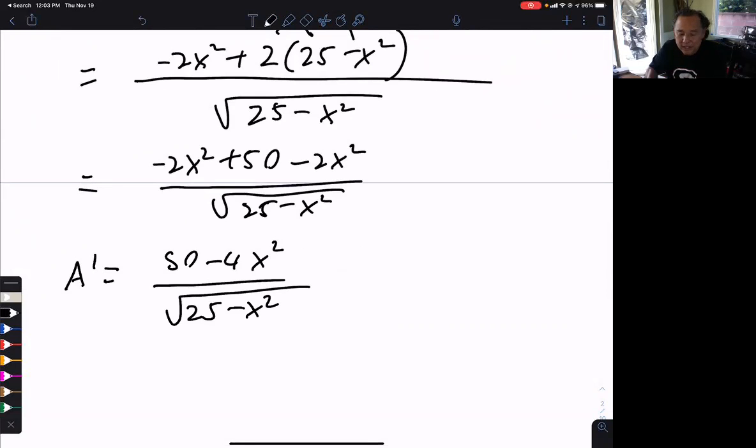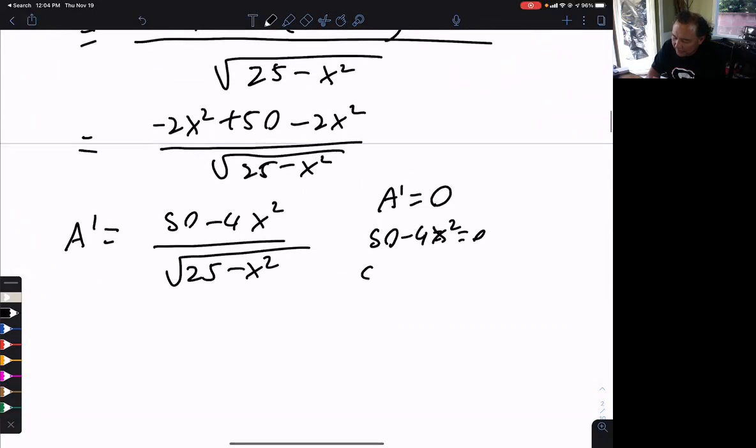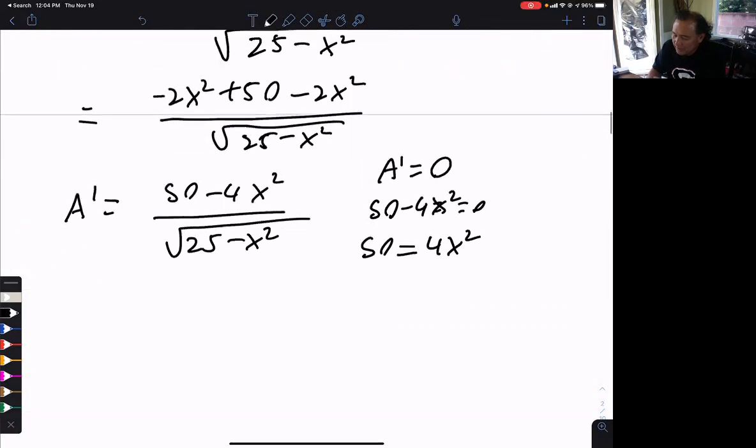What are critical points? Critical points are the points where the derivative is 0. That occurs when the numerator equals 0. Let me add 4x squared to both sides. Let me divide both sides by 4.